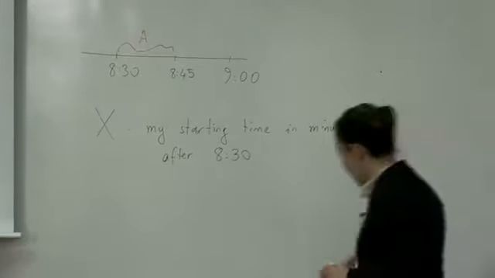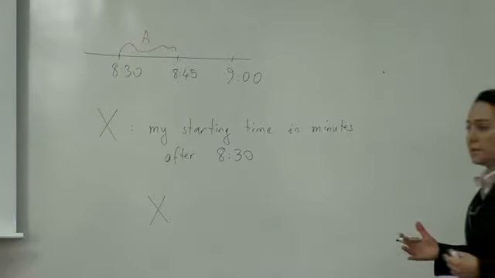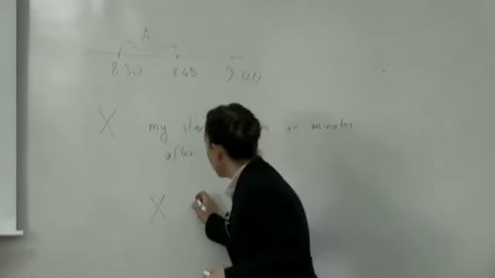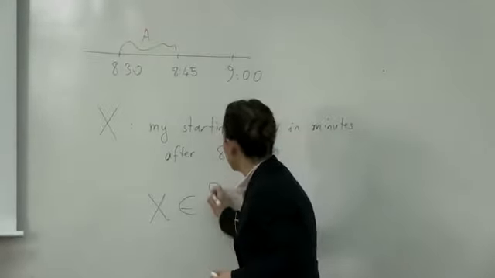So what can you say about X, the random variable X? Is X positive? So X is positive, and what is the range of X? X is how many minutes after 8:30 I start driving.